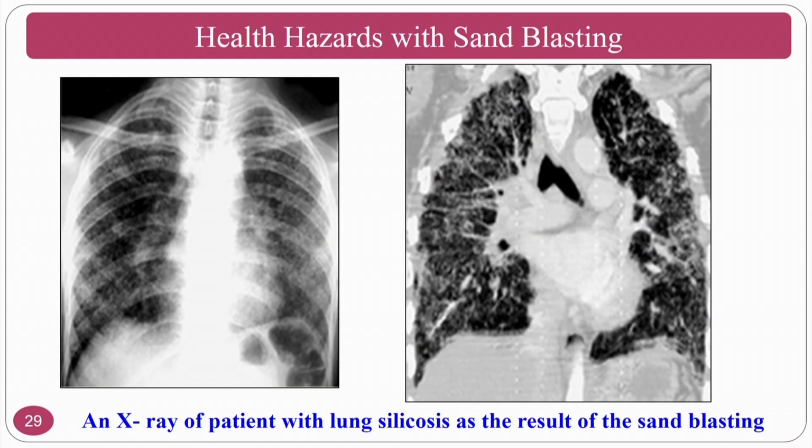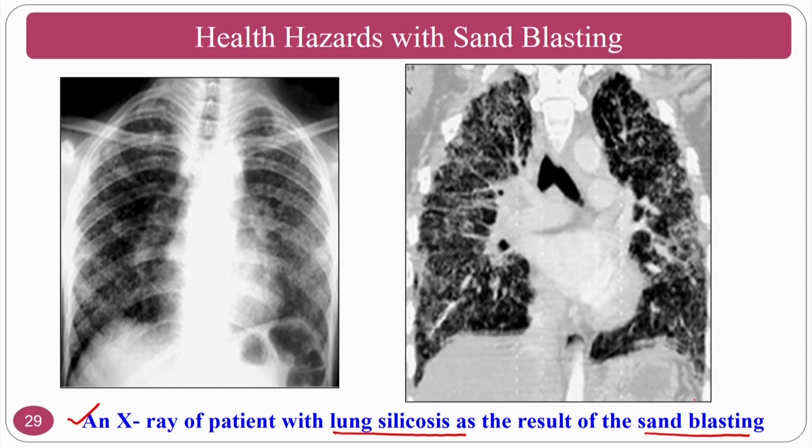If you see the X-ray of a patient whose lungs have silicosis as a result of sandblasting: normally, if sandblasting is done with silica particles, the silica comes from one side, compressed air comes from the mixing and goes onto the surface. In that circumstance, the silica dust will come out.